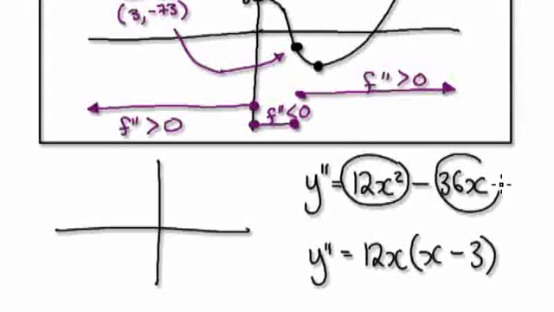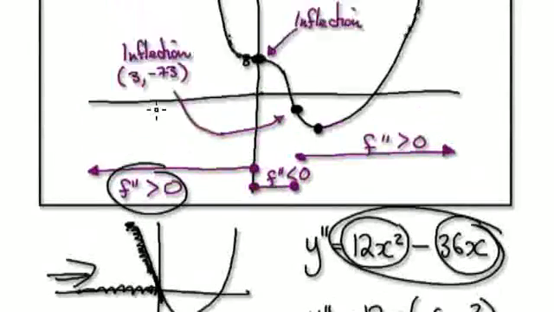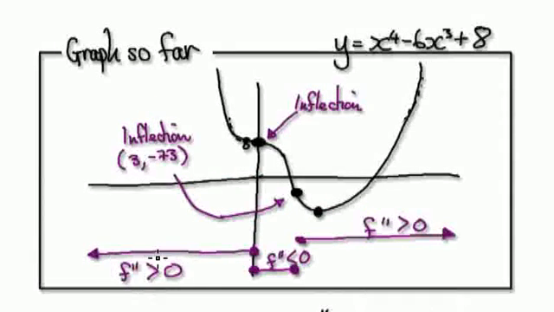When x is small, it wants to do a negative linear, with a gradient of minus 36. So this graph will look something like this. When x is less than 0, you can see that this is always positive.